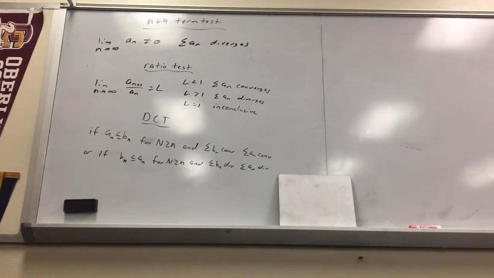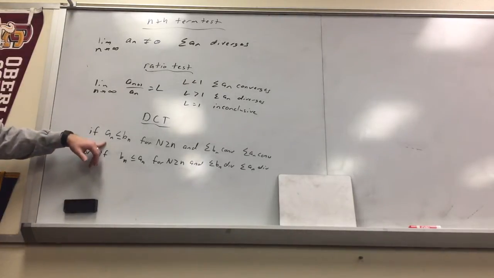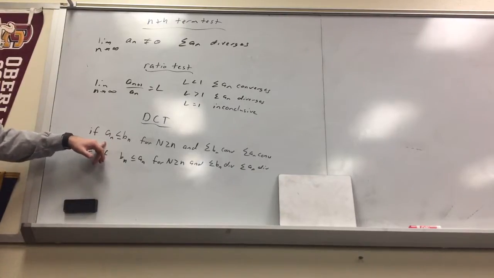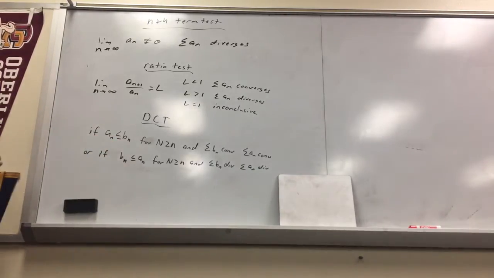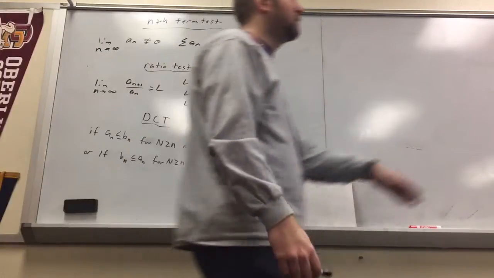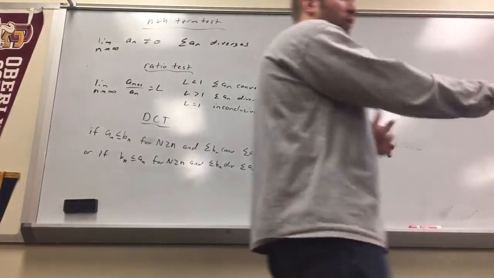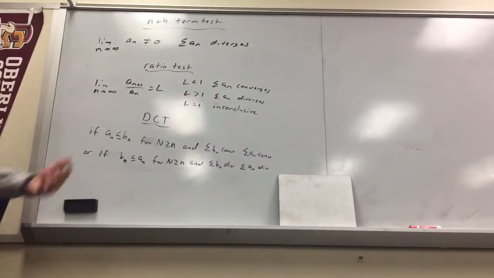The smaller series might have larger terms initially, the first couple of terms might be bigger, but as long as at some point, and from that value on forever, these terms are always larger than the other comparable terms, that's what we're looking for. A lot of times it's right away, but there are times that it might take a term or two to happen.